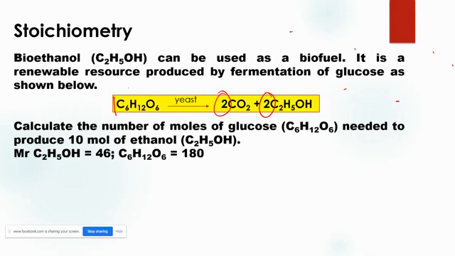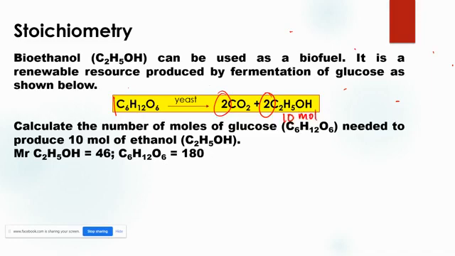Okay, this equation is already balanced, so now we can answer this question. Calculate the number of moles of glucose needed to produce 10 moles of ethanol. Given 10 moles of ethanol.